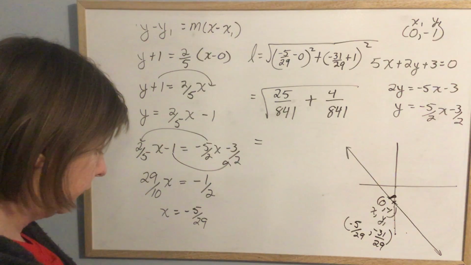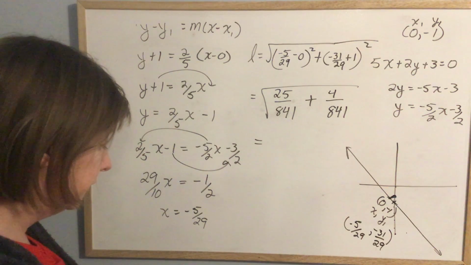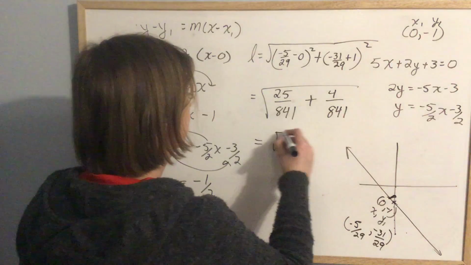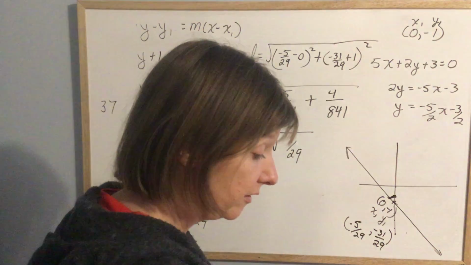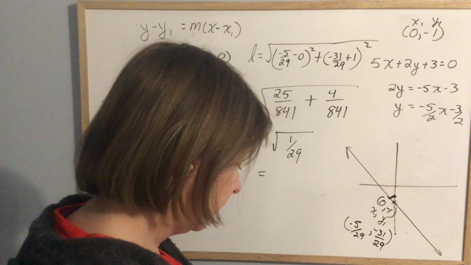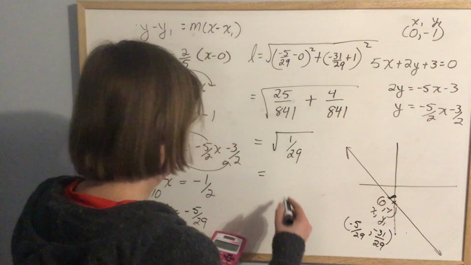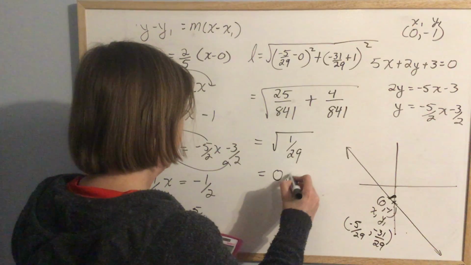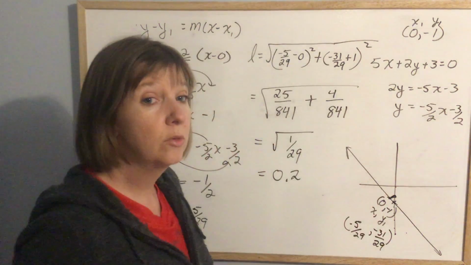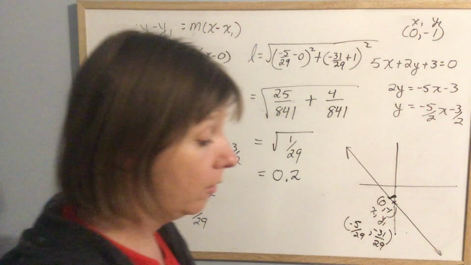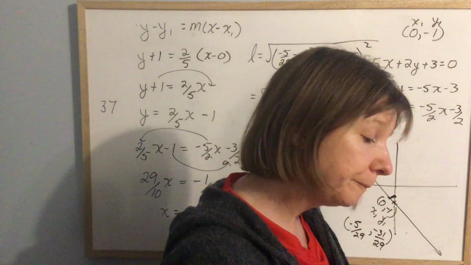Plus 25 over 841. So this is really the square root of 1 over 29. It said round to the nearest tenth, thankfully. So square root my answer. I get 0.2 when I round it off to the nearest tenth. And again, I knew the answer was very, very small based on my drawing.